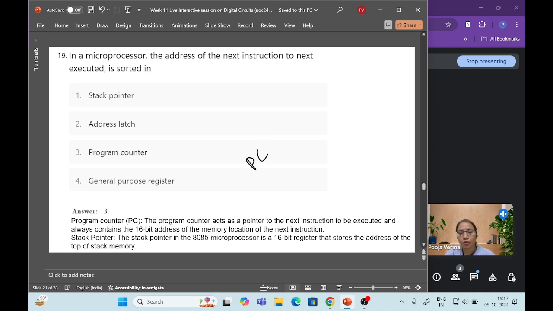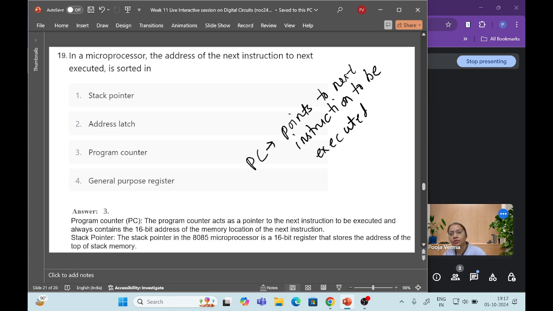So the program counter points to the next instruction to be executed. Okay, so program counter is the correct answer.